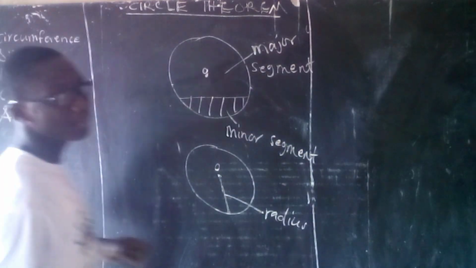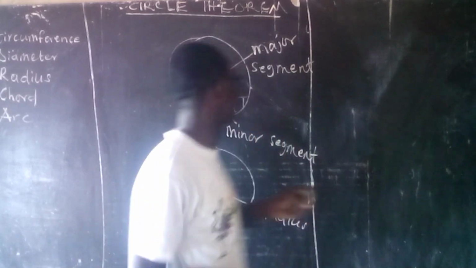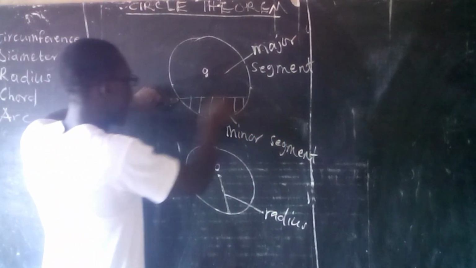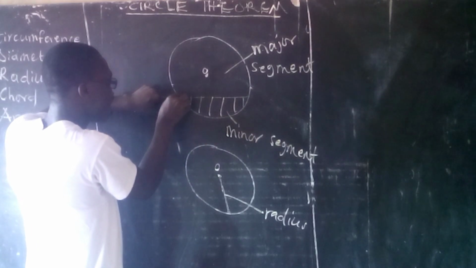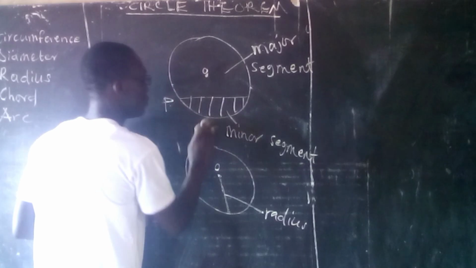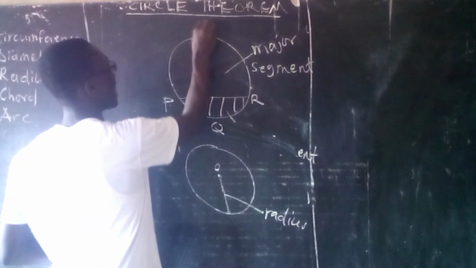We have an arc. So we have the chord, we have the arc. Let's label this. We have P, Q, then R, and S here.